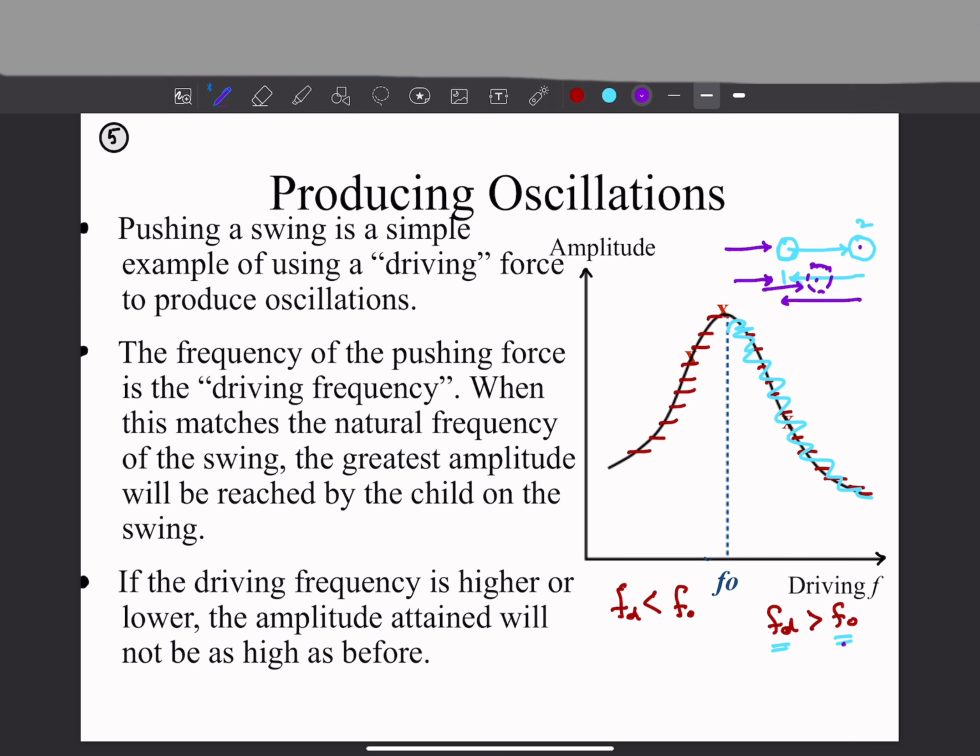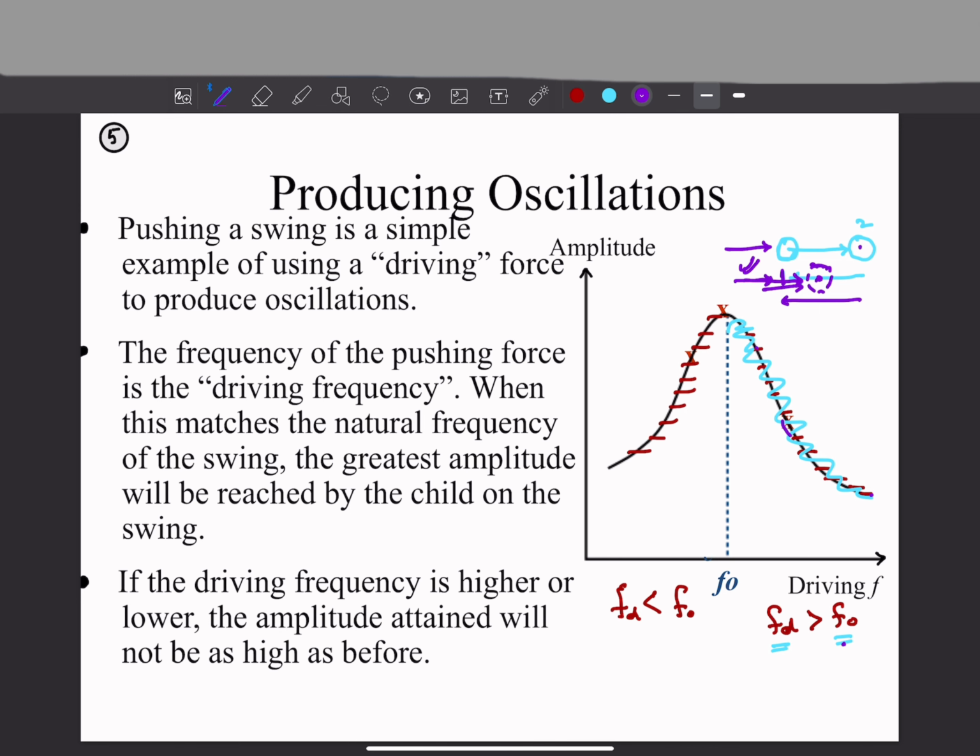The body was trying to come back to position 1, but your force was somewhere here. So the body will do some work against your force. Because of that, energy is lost from the system, and because of this, the amplitude decreases.